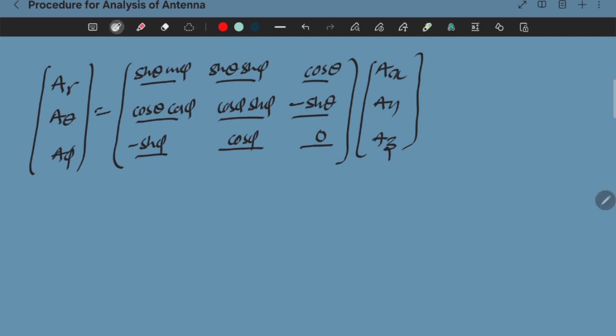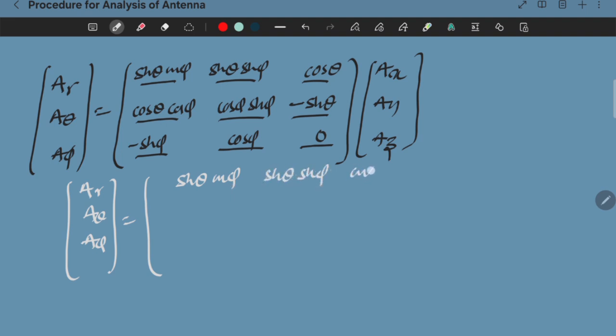So now I am writing like this: AR, A theta, A phi is equal to sin theta cos phi, sin theta sin phi, cos theta; cos theta cos phi, cos theta sin phi, minus sin theta; minus sin phi, cos phi, 0.